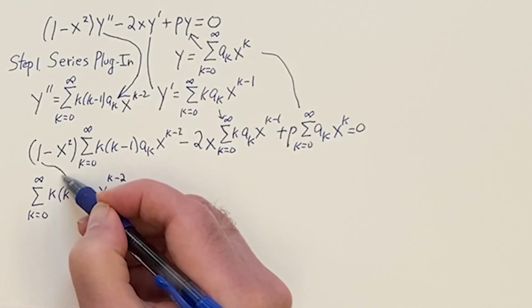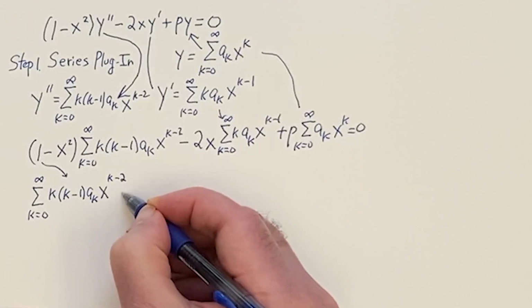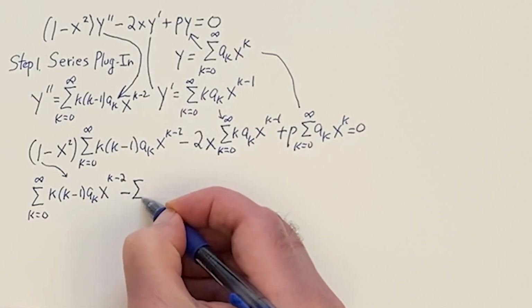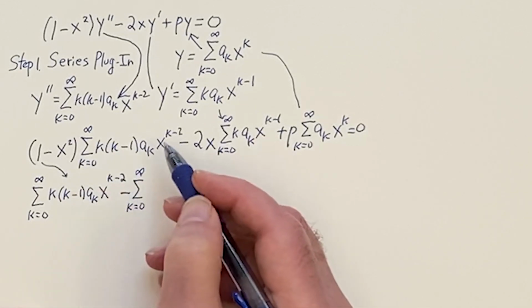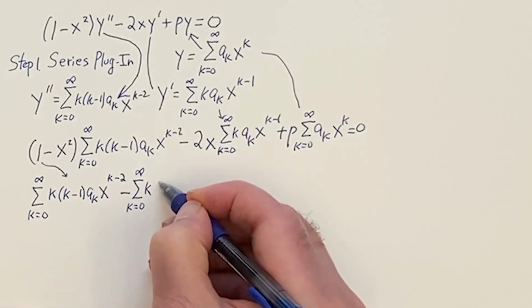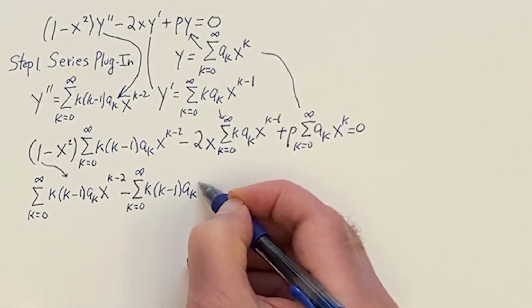That's coming from the term with the 1. You just put the same thing down again. But then the next one, I'm going to move the x squared inside. So this is k times k minus 1, a sub k.